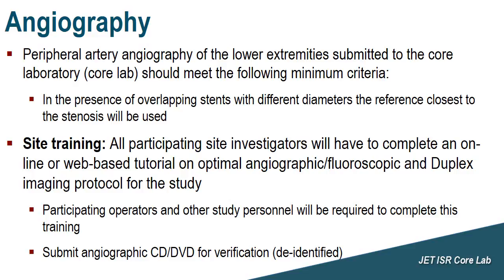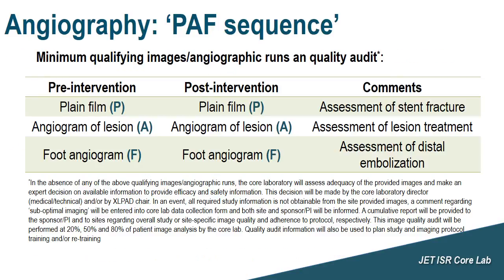In addition, all participating site investigators will have to complete this online module for training and also submit a CD/DVD of both angiography and DUS for verification prior to initiation of any enrollment at your sites. To summarize, we need three kinds of images. Remember the abbreviation PAF.